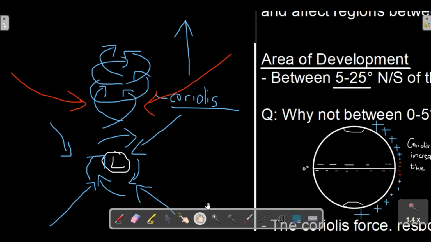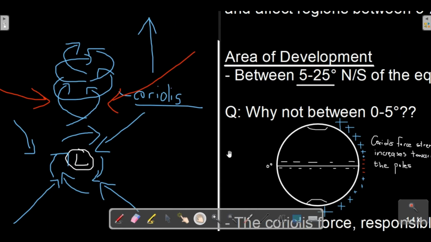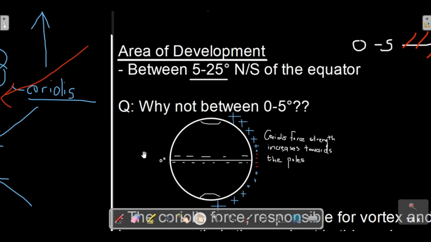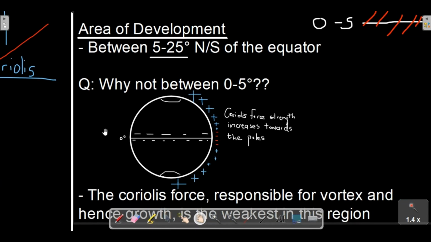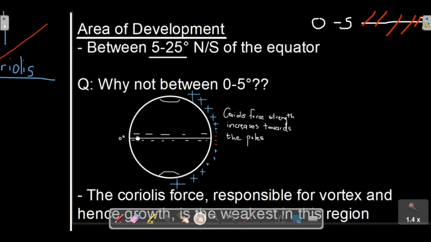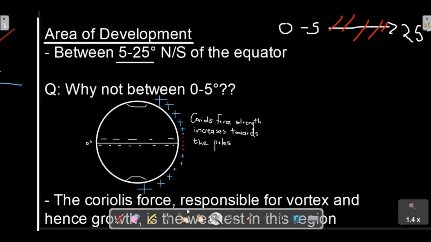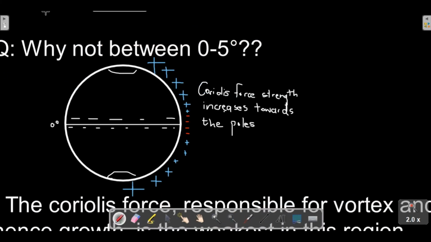Now, the strength of Coriolis force differs from region to region, right? So we say that as you move towards the poles, meaning as you go up in latitude, from 0 going towards 90 in the northern hemisphere, and 0 going towards 90 in the southern hemisphere, the Coriolis force increases.